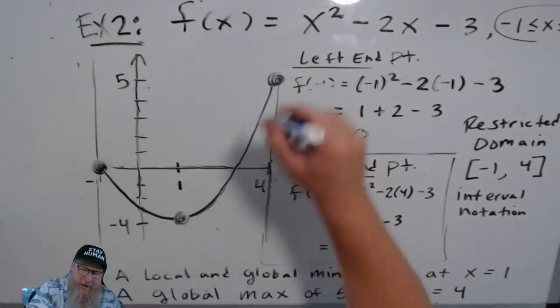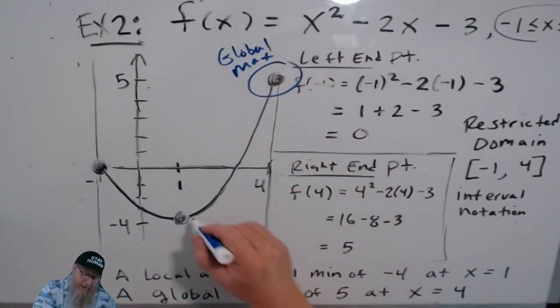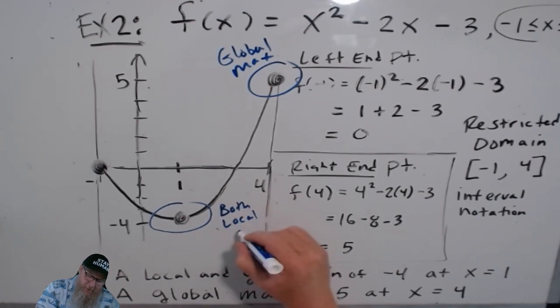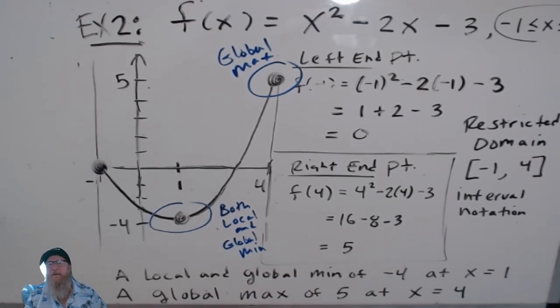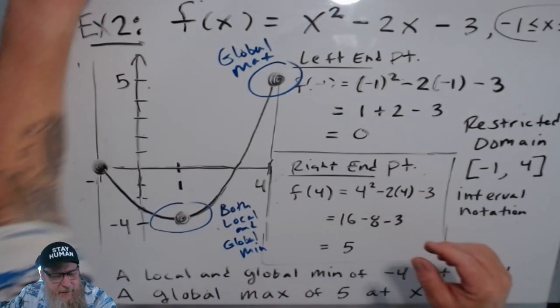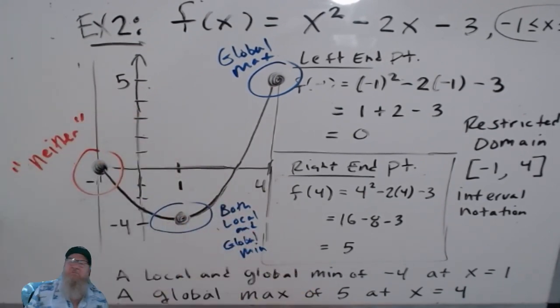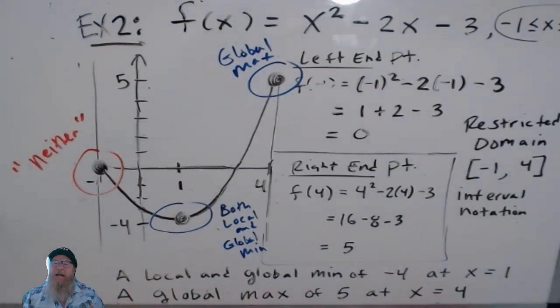So this point here is a global max. And this point right here is both a local and global min. All right. And then this point is neither. It's neither local nor global nor max nor min. It's none of the above. It's just an endpoint.